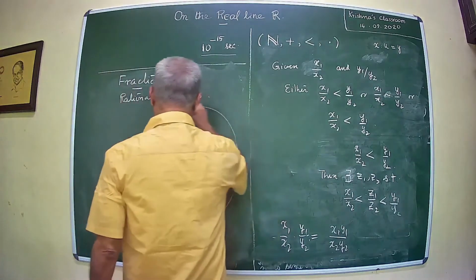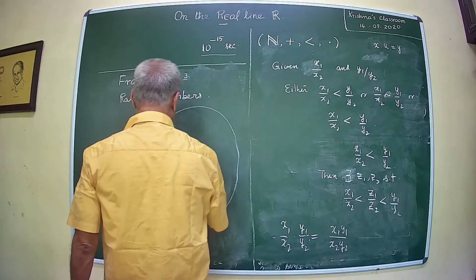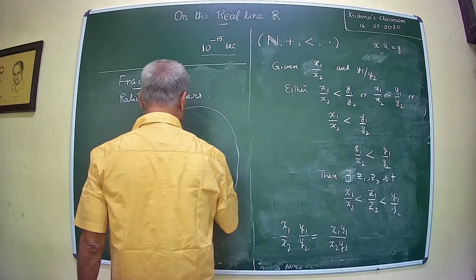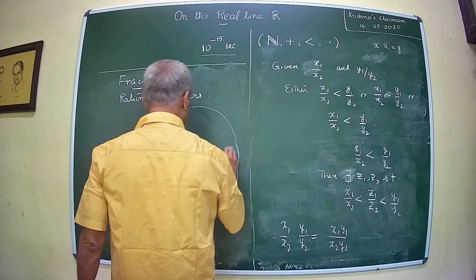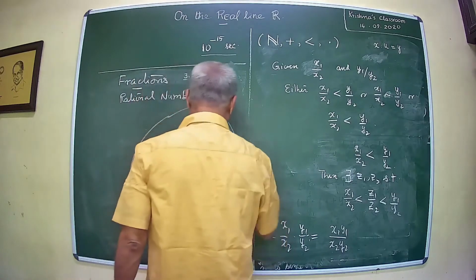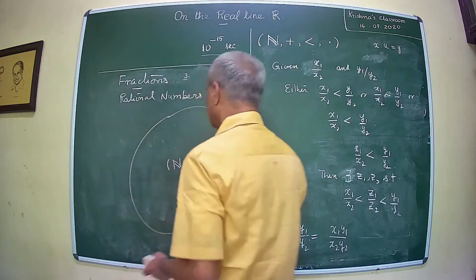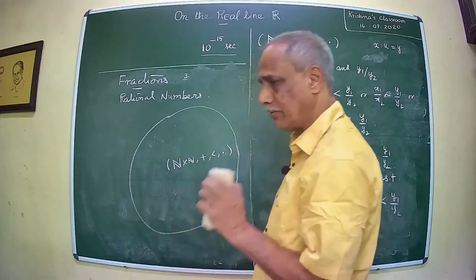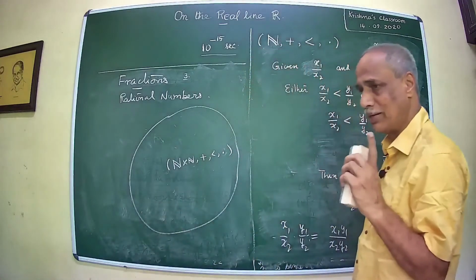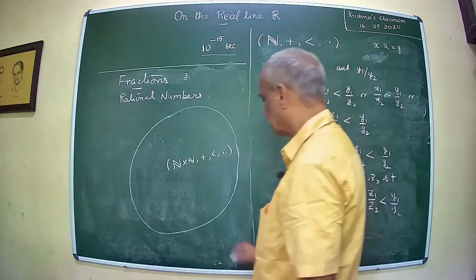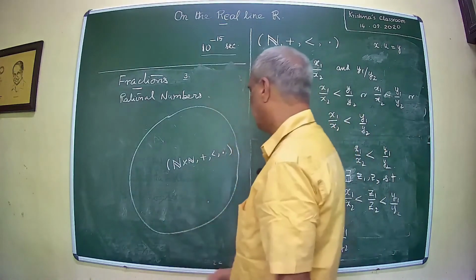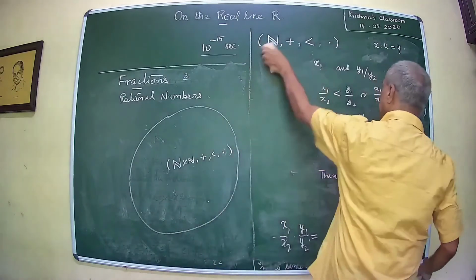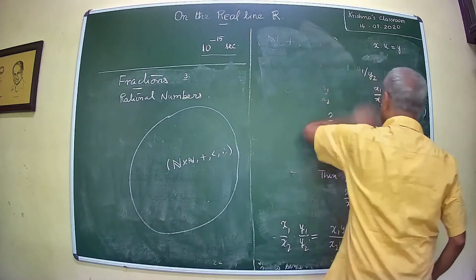Suppose you have all the fractions, which I denote by n cross n, with all these structures: plus, less than, and multiplication. Now you see that this is a very, very important thing that one does in mathematics. Take an element. Now we define a relation.